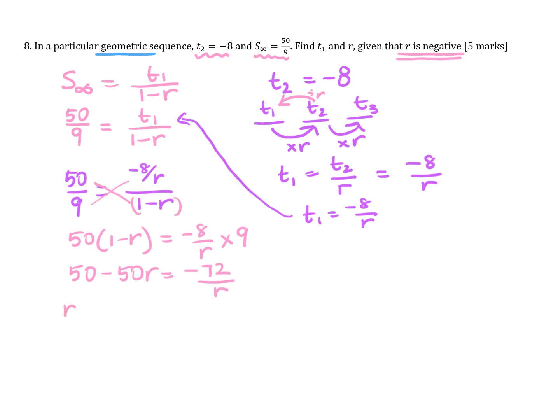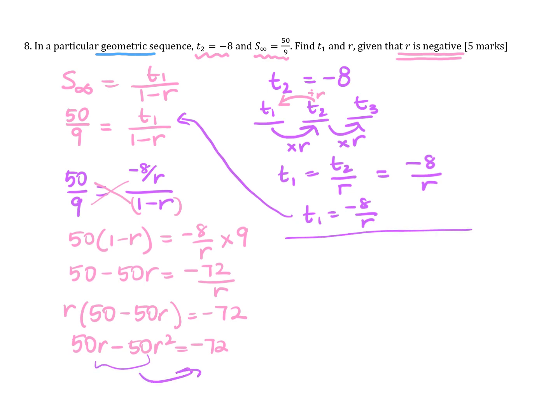Multiply both sides by r. r lots of 50 minus 50r equals negative 72. Multiply out again. Then if I bring all of this over to the right-hand side, I've got a quadratic that I can solve. So that's going to make 50r squared minus 50r minus 72 is equal to 0.